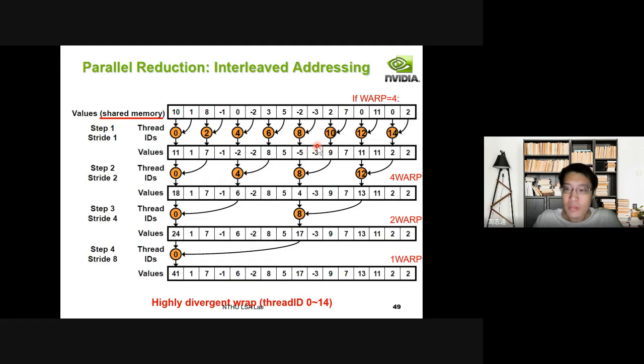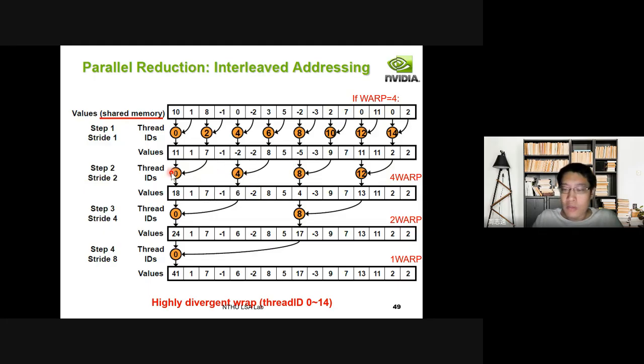So why is it so bad? First of all, you have a warp divergence problem. Here we shrink down the scale, so let's assume each warp contains only 4 threads. Here you can see we only use 4 threads: 0, 4, 8, and 12. Unfortunately, they scatter across 4 warps, because only threads 0 to 3 are within the first warp, 4 is in the second warp, and 8 is in the third warp.